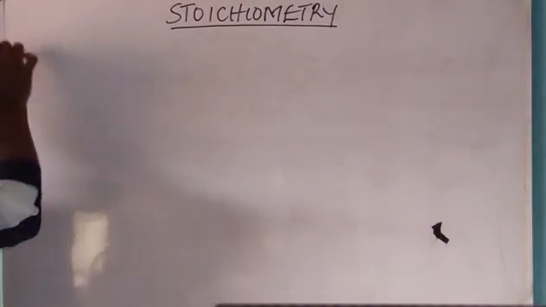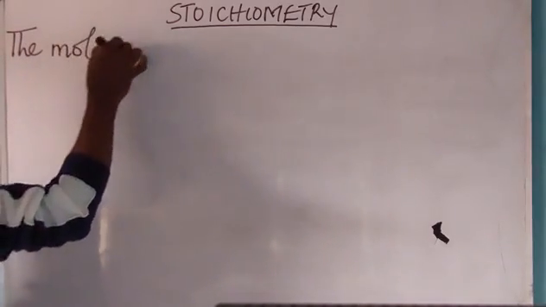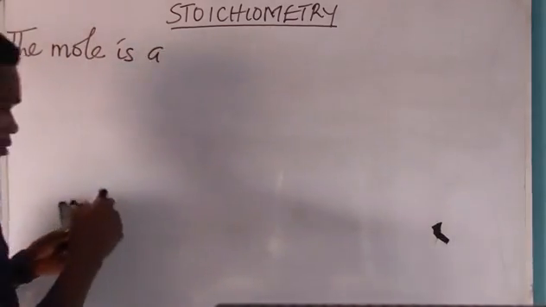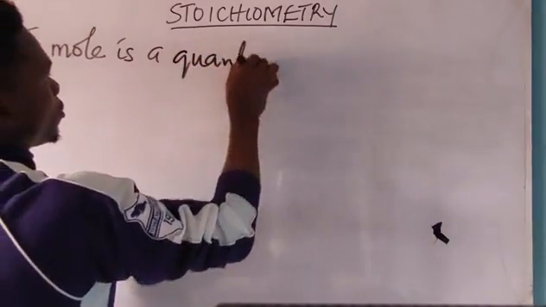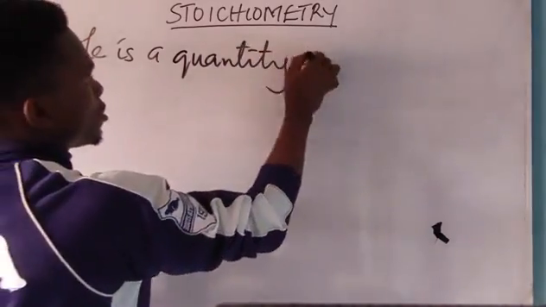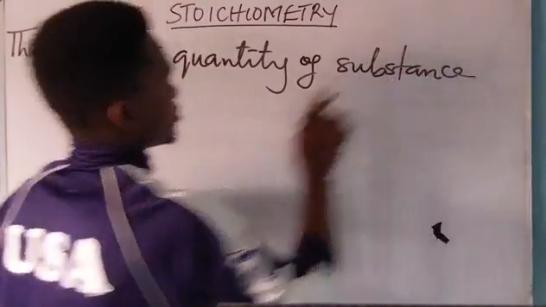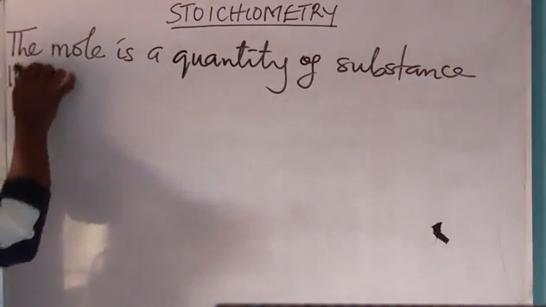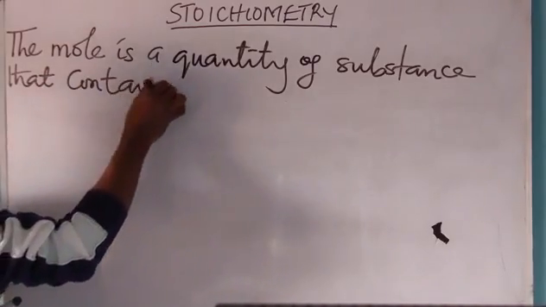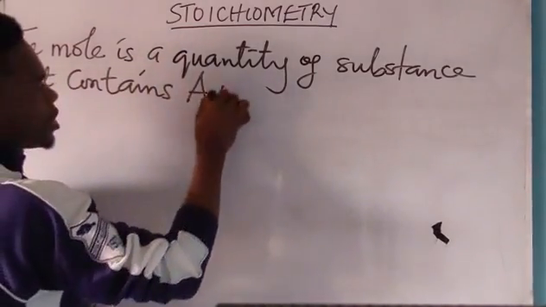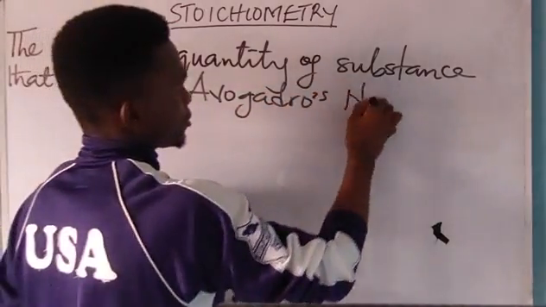The mole is a quantity of substance that contains Avogadro's number.